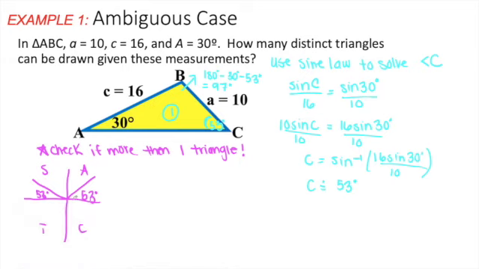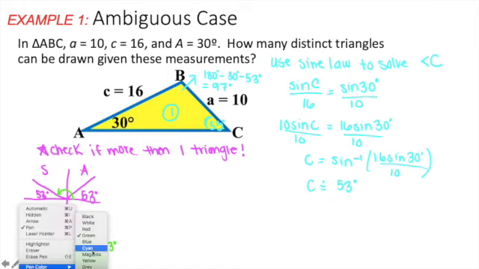Then you need to find that principal angle by doing 180 degrees minus that 53 degrees, which gives you 127 degrees. Okay, now instead of it being the 53 degrees, the angle would be 127. So you need to see if you can draw a triangle.